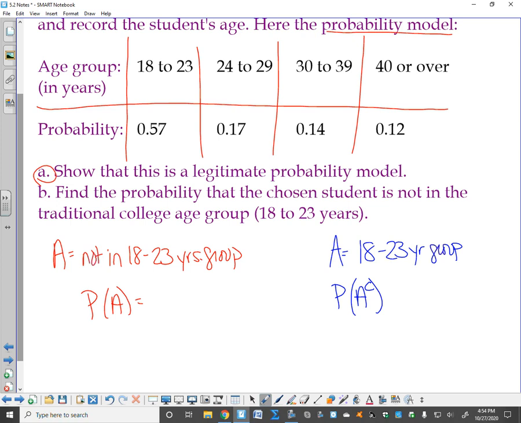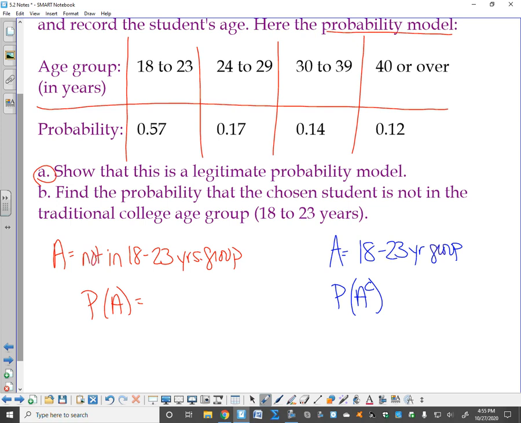So do you guys see there are 2 ways to write this, and they are both legit, and they both communicate to the grader or the reader the same information. Both of them are finding who is not your typical college age kid.